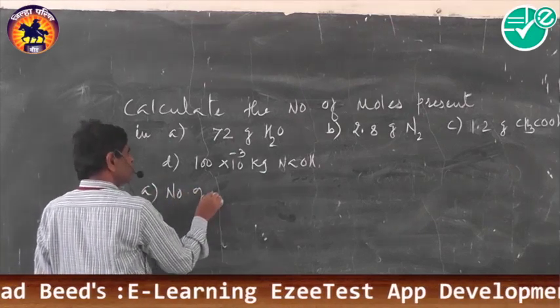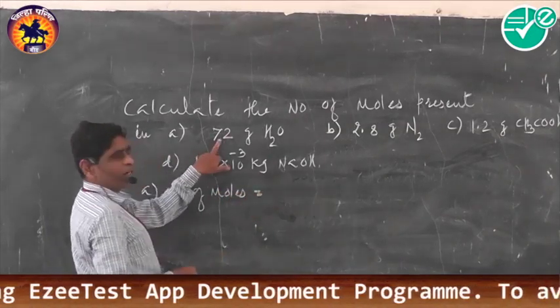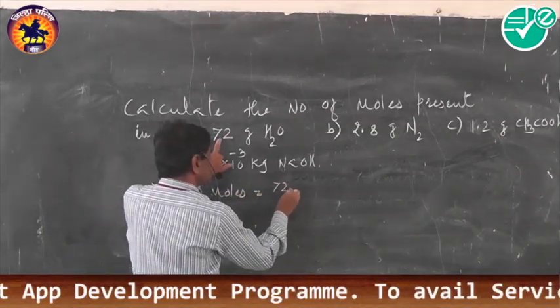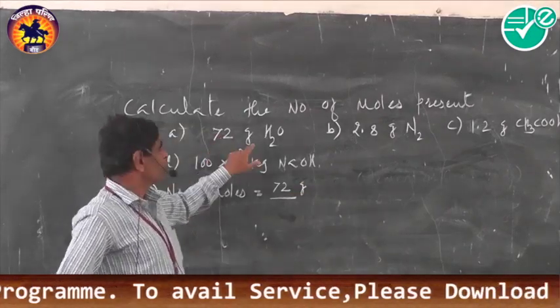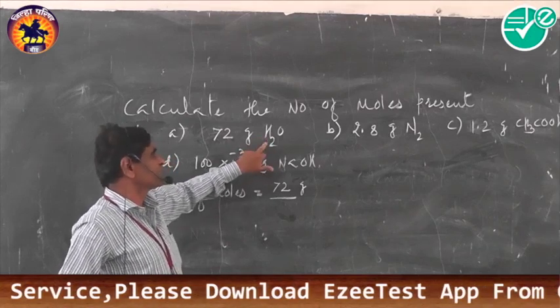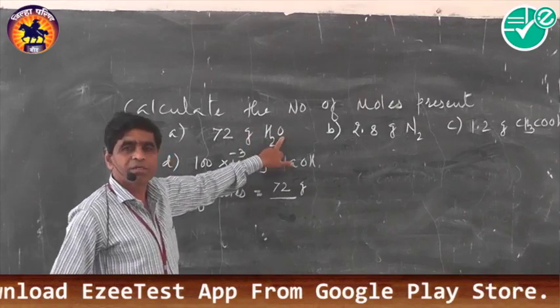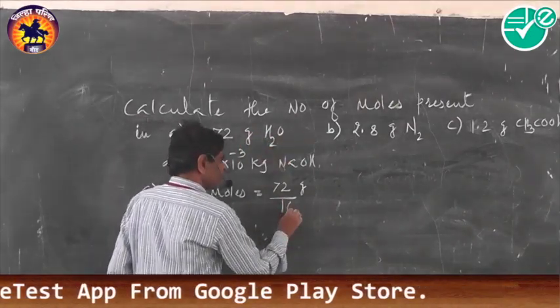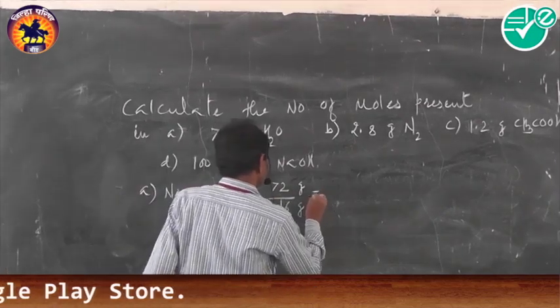Number of moles is equal to the mass of water in gram, that is 72 gram, divided by the molar mass of water. Now what is the molar mass of water? Atomic mass of hydrogen is 1, so 1 plus 1, there are 2 atoms, 2 plus 16, it means 18. And thus 72 divided by 18.